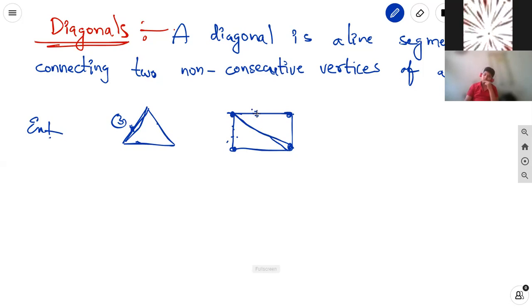Already it's joined, that is nothing but the line segment, but it's not a diagonal. If the non-consecutive vertices, how many are there, we can draw such number of diagonals. Here, from here to here, one diagonal. And for this vertex, this and this are consecutive vertices, so other than the consecutive vertex is this one. So, we can draw this diagonal.